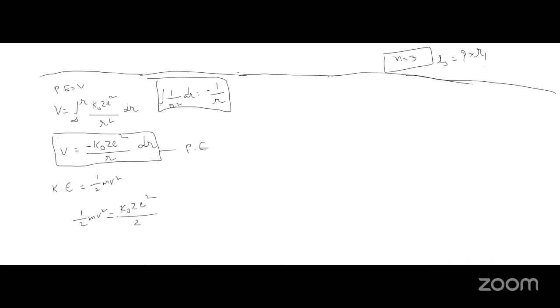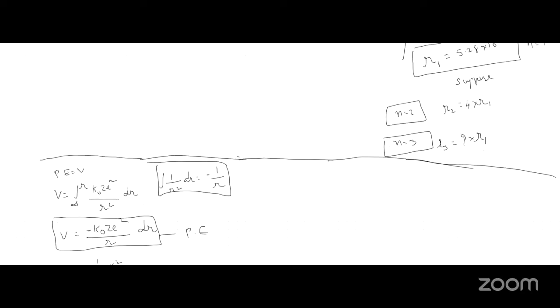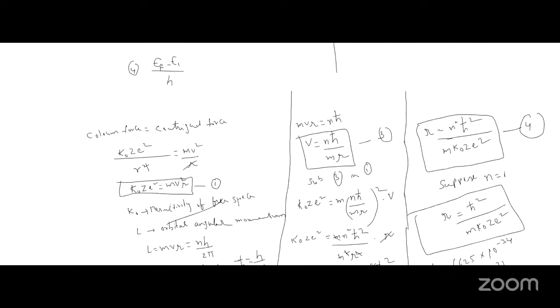From where did we get this one? From equation 1. What is our equation 1 previously? Here, 1/2 mv square. From here, equation 1. Divide both sides by 1 by 2.